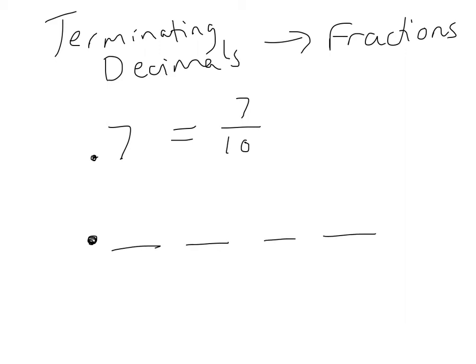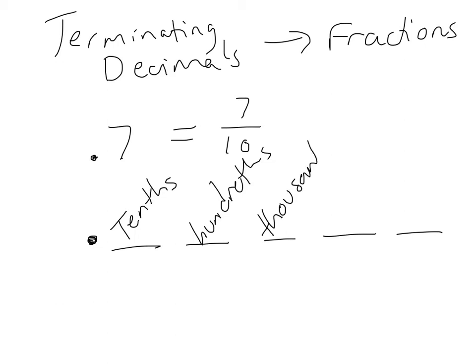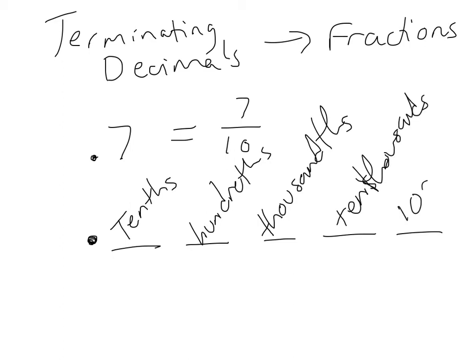The numbers to the right of the decimal are the tenths place, the hundredths place, thousandths, ten-thousandths, hundred-thousandths, and so on.